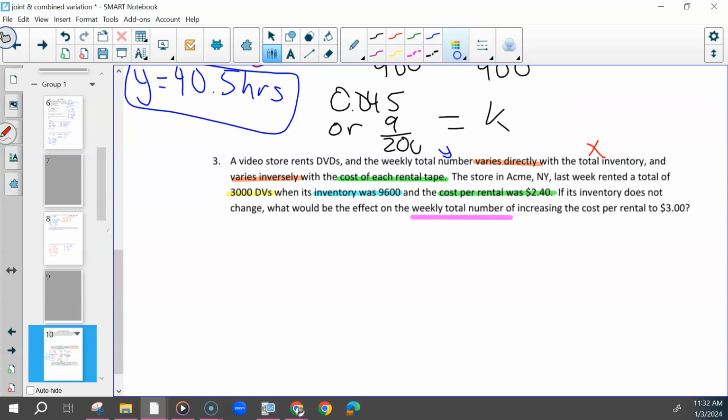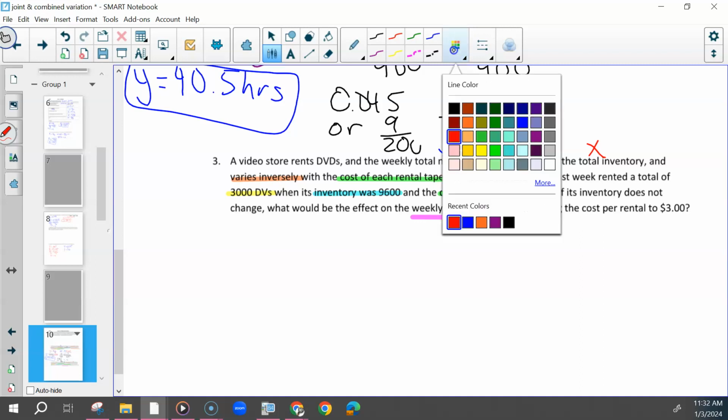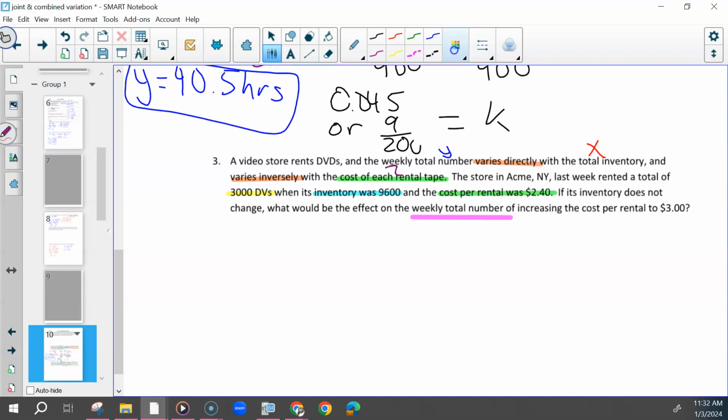And then varies inversely with the cost of each rental, your Z, or whatever else you want to call that. So when we set it up, it's going to look the same as the last one. Y equals kx over z.